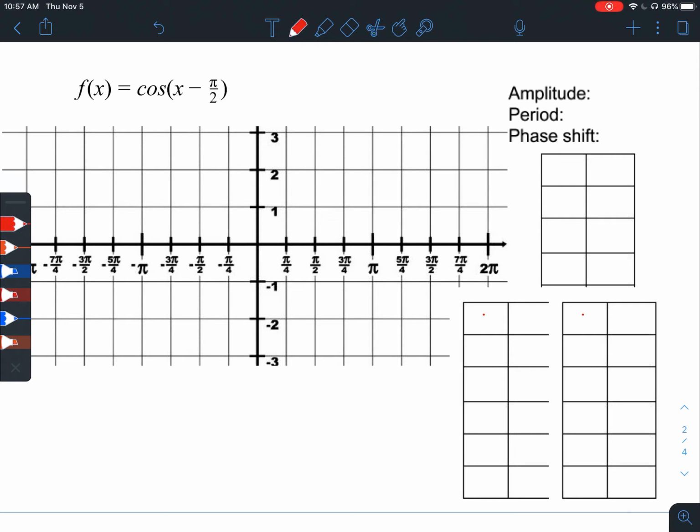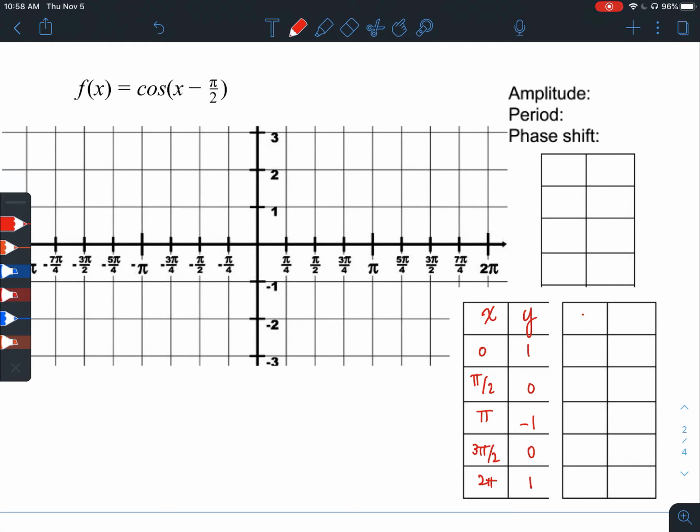So our x and y are, for cosine, we have 0, pi over 2, pi, 3 pi over 2, and 2 pi. And then y is 1, 0, negative 1, 0, 1, because cosine always starts at 1.